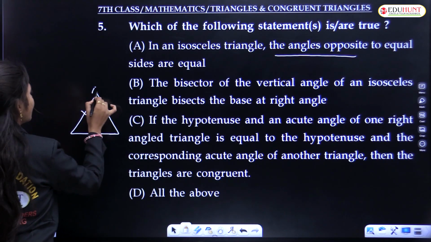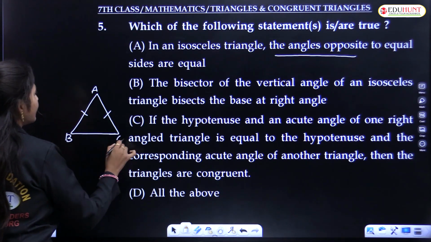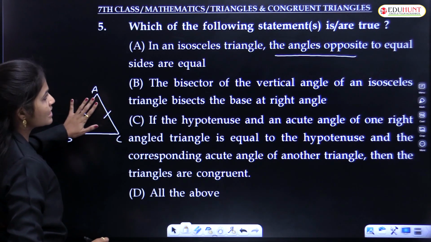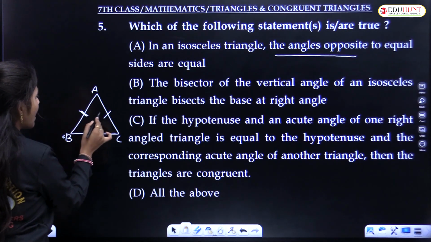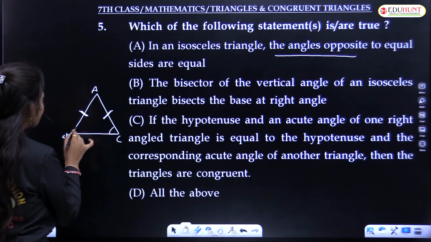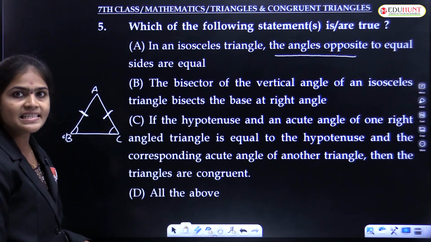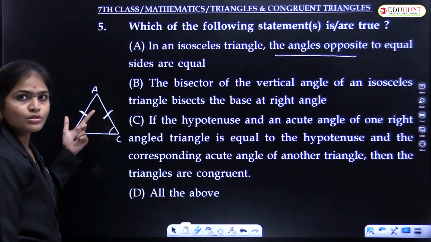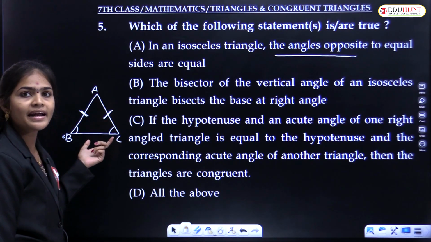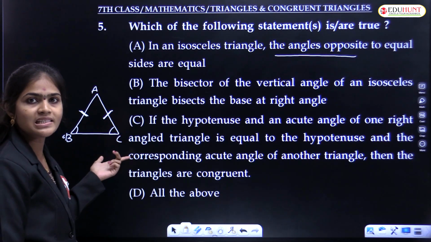So in ABC, the angles opposite to equal sides means these two angles, the base angles. The angles formed at the base, where the non-equal side is.